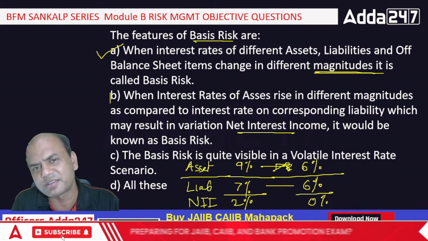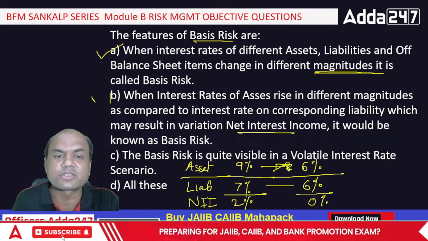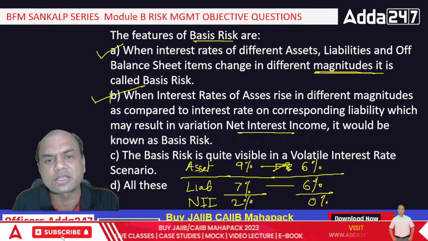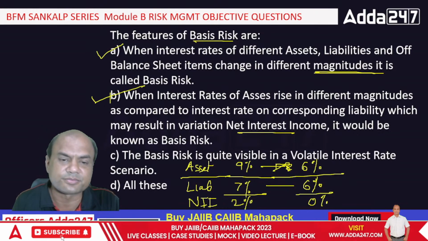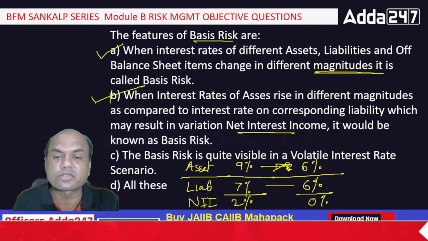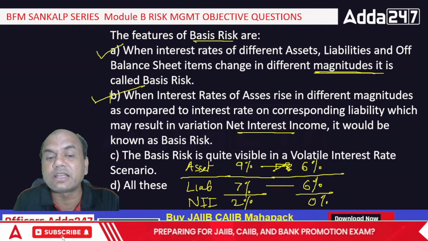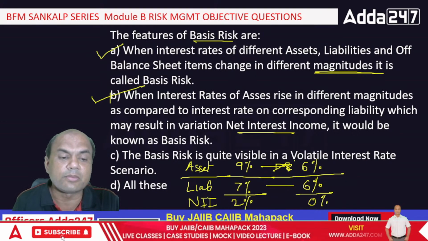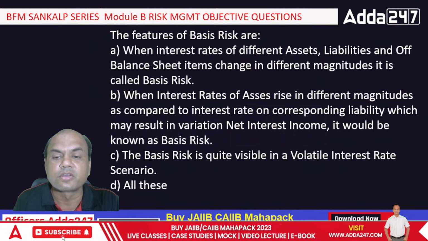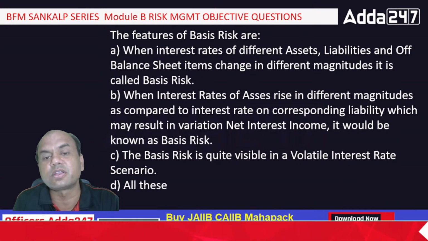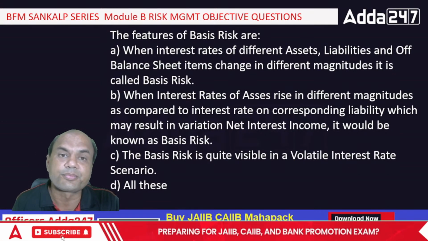Same, isn't it? Basis risk is quite visible in a volatile interest rate scenario. Volatile, what do you mean by volatile? Volatile means fast changing, hugely changing. So that is also true.